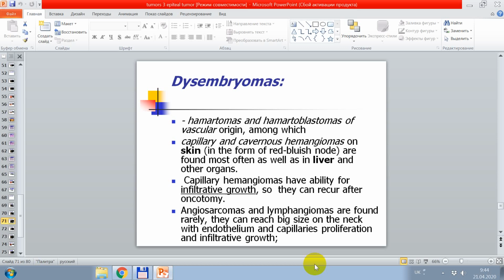Capillary hemangiomas have the ability for infiltrative growth, so they can recur after excision. Angiosarcomas and lymphangiomas are found rarely. They can reach big size on the neck with endothelium and capillaries proliferation and infiltrative growth.